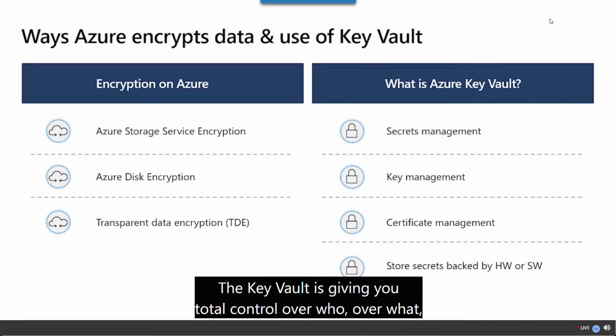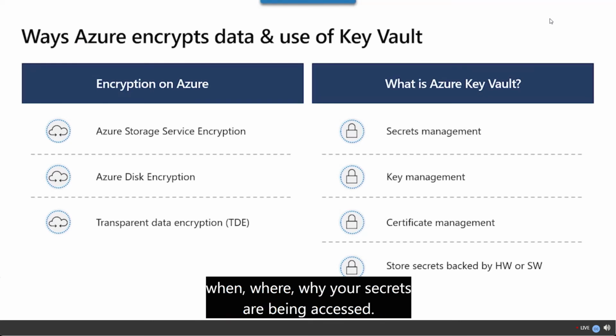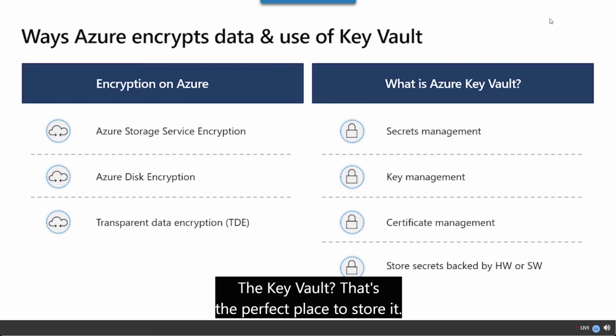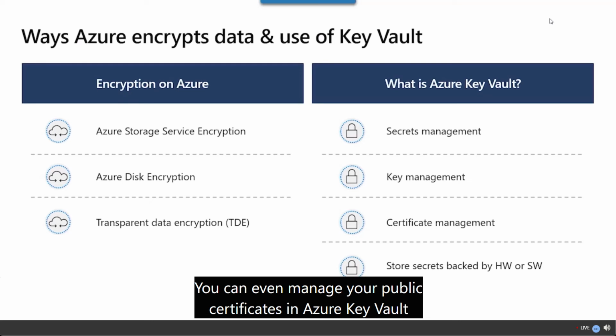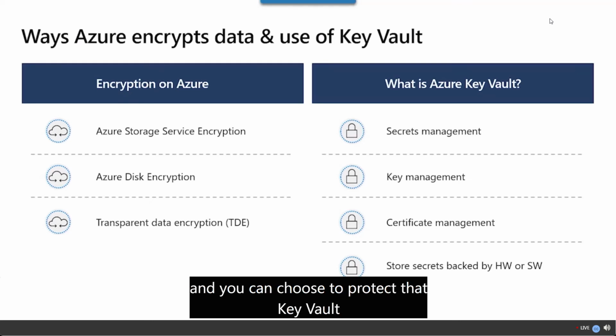The Key Vault is giving you total control over who, what, when, where, why your secrets are being accessed. So let's say I need to manage APIs or keys for encryption. The Key Vault, that's the perfect place to store it. You can even manage your public certificates in Azure Key Vault, and you can choose to protect that Key Vault with either software or FIPS 140 validated HSMs.